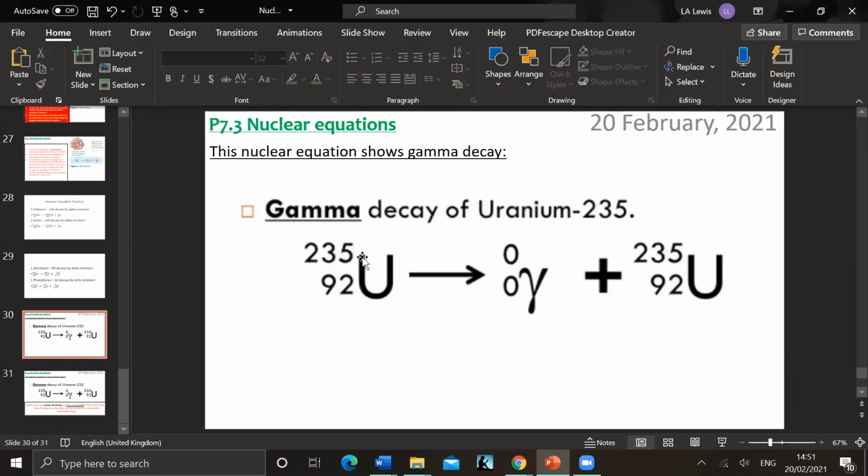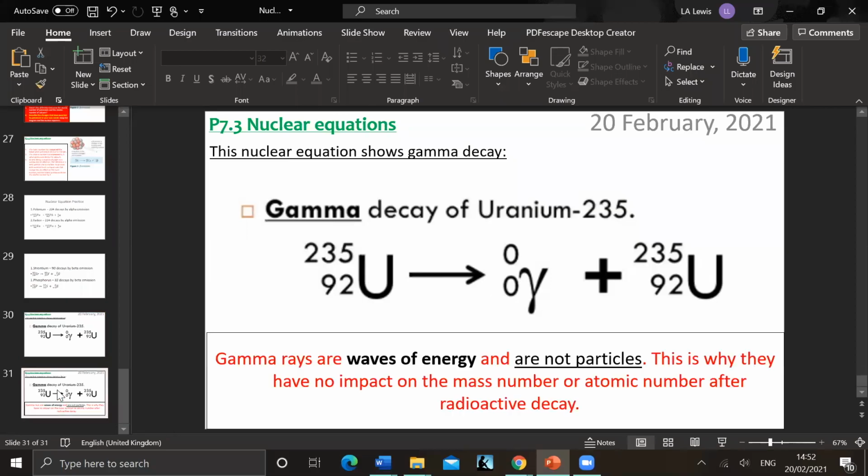You've got uranium-235 with atomic number 92. This is the symbol for gamma, the Greek letter gamma, with 0 and 0: no charge, no mass. Everything stays the same. So if you get a gamma decay in an exam, you don't really have to do anything. If nothing's changed, it's gamma. Well, nothing appears to have changed anyway.